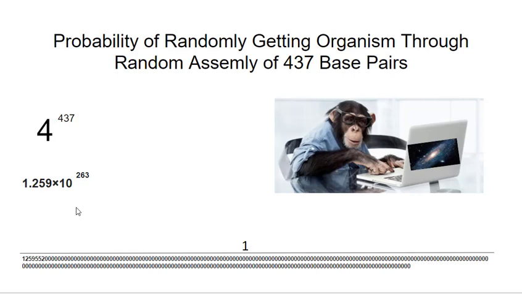Now, granted, there could be other simple organisms we could come up with, but this just gives you an idea of the sheer magnitude involved in randomly assigning base pairs and coming up with something that works. Think about if someone said, "Hey, I have all the parts needed to make an airplane, and here, you put the 747 together."